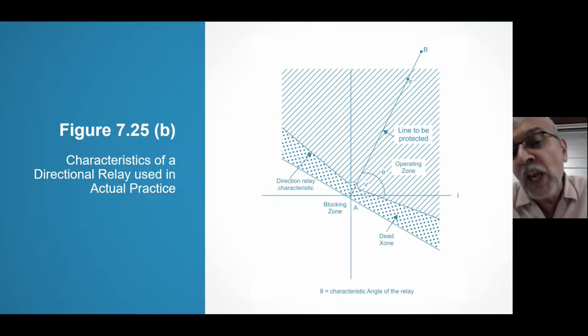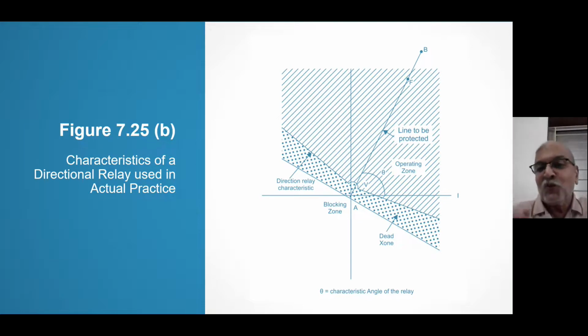Now, dead zone I am talking about. Dead zone means the direction is correct, but yet the relay is not operating. So this dead zone is not there in a double line fault. Why is it not there? If there is an RY fault, say, then the R and Y units are in the picture. So I am feeding current IR and IY. Current is enough because there is a fault.